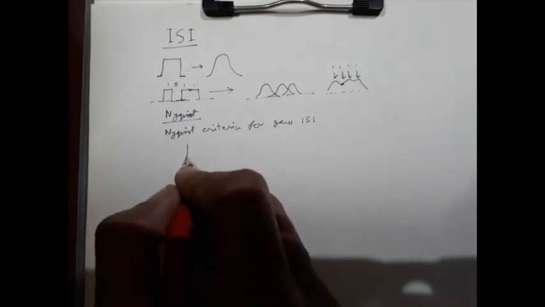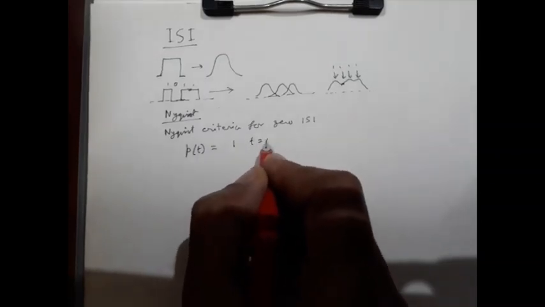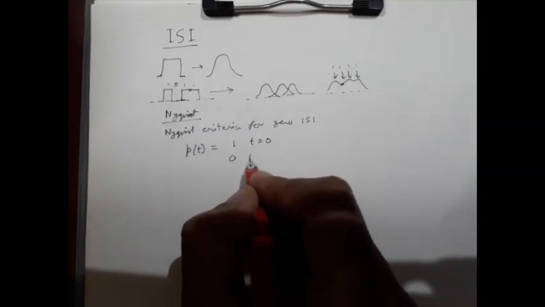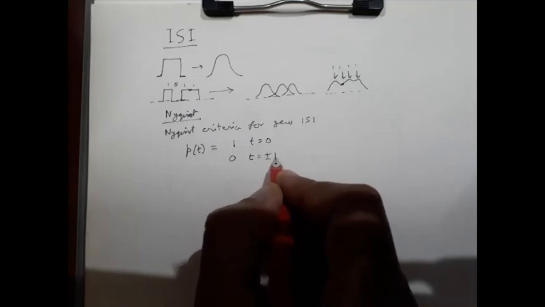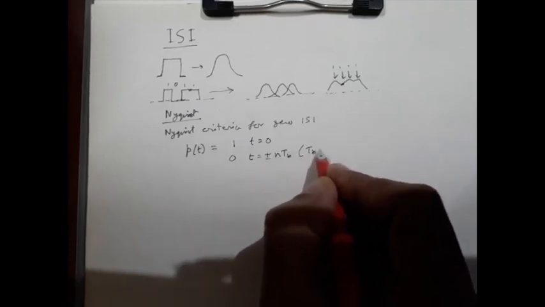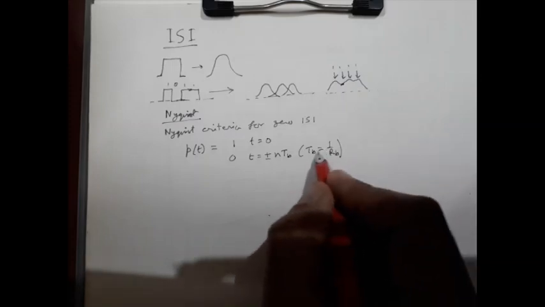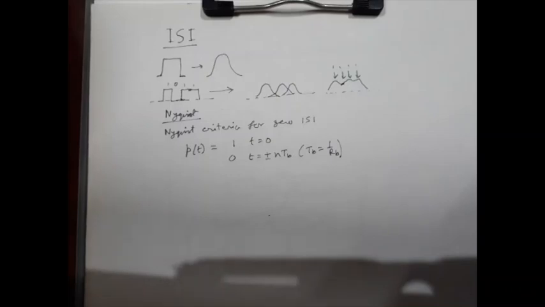So we can define this pulse shape like this. p(t), the pulse shape, is equal to 1 for t equal to 0 and 0 for t equal to plus minus n times Tb. Tb is the sampling instant, 1 by Rb. Rb is the bit rate.